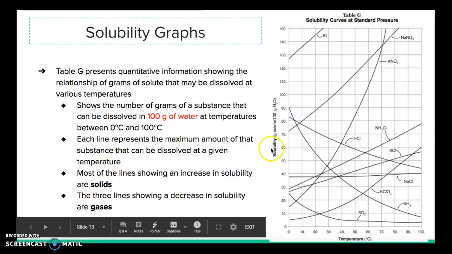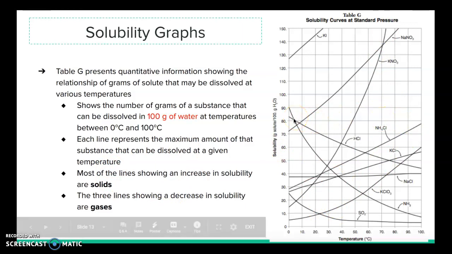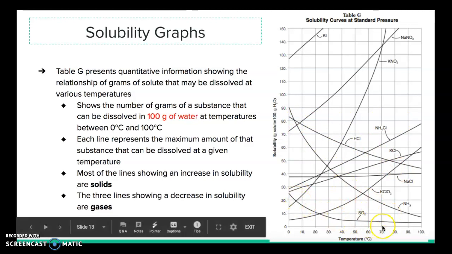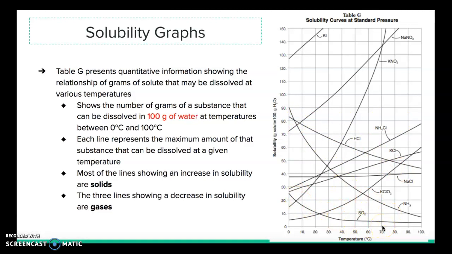Most of the lines shown that are increasing are our solids. And our three lines going down are gases. If you think back to the first video, remember that solids and liquids increase in solubility with an increase in temperature, whereas gases are the opposite and decrease in solubility with an increase in temperature.